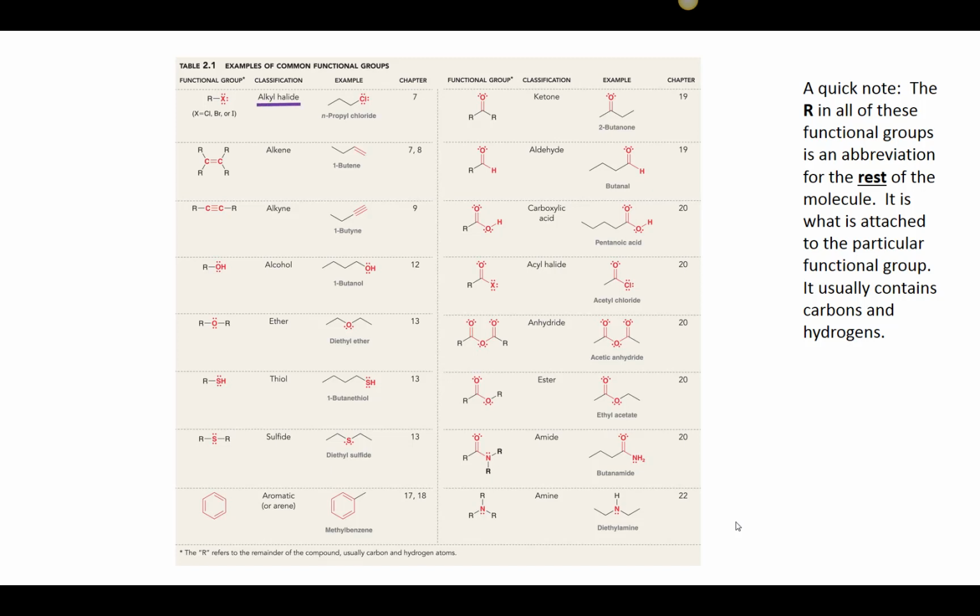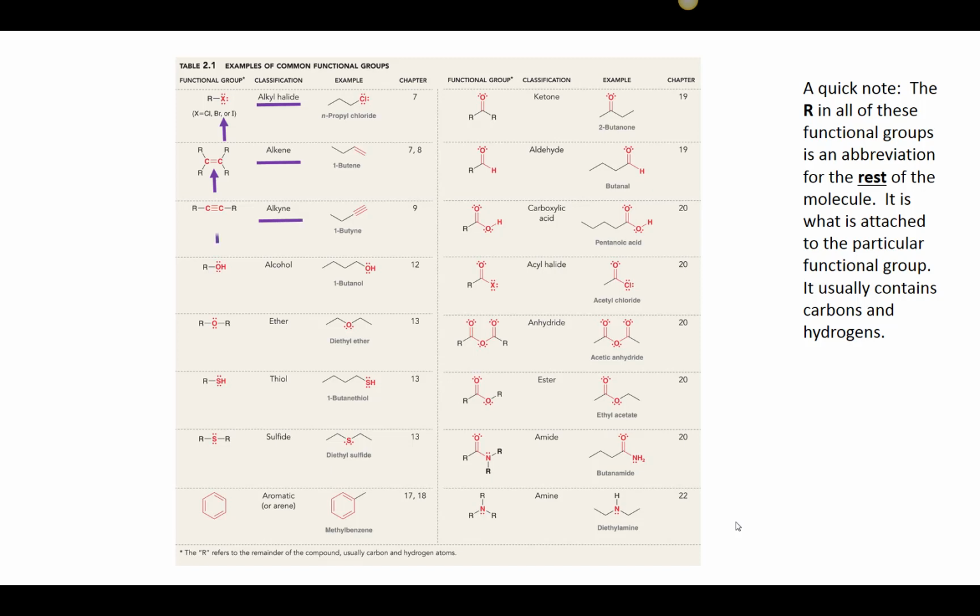Our alkyl halides. So we have a halide, a halogen, chlorine, bromine, or iodine attached to a regular molecule, to carbons and hydrogens. So this is an example of a functional group. We'll refer to these as alkyl halides. Alkenes contain a carbon-carbon double bond.